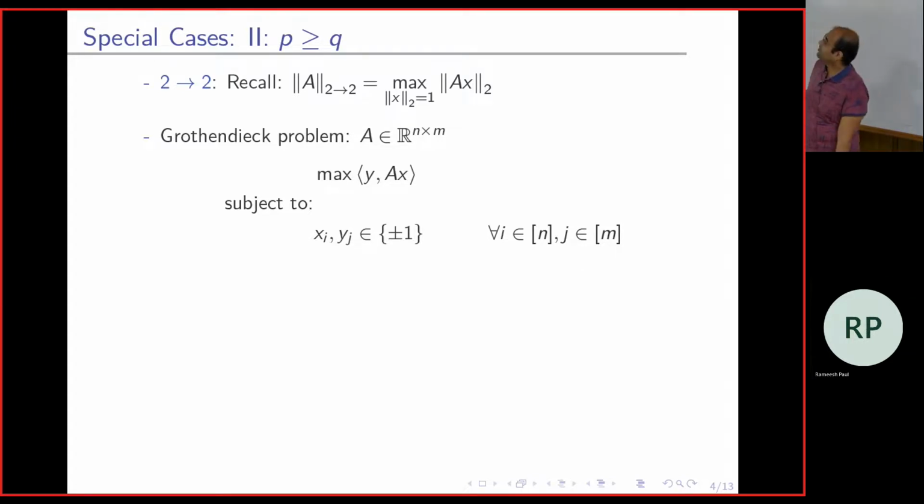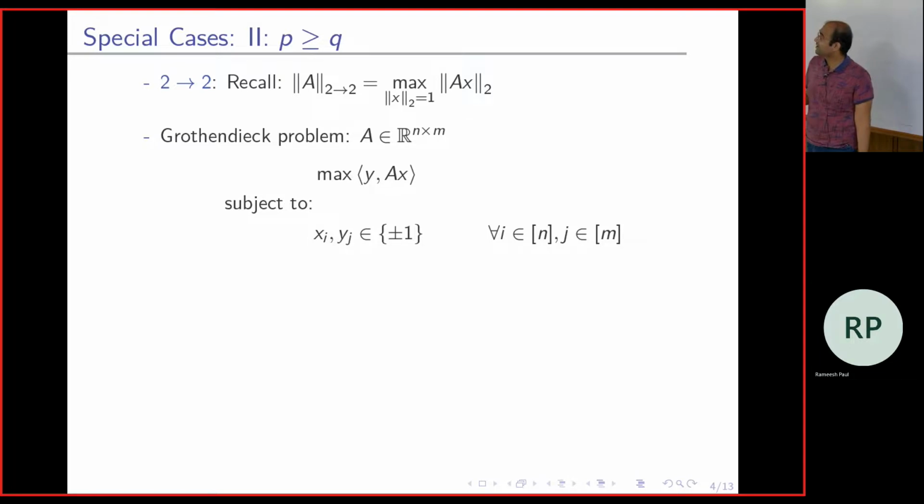But this is useful in combinatorial optimization. This in fact came up in functional analysis. It was introduced by Grothendieck in 1953 in his famous résumé. He basically asked the question: if I try to maximize this bilinear form over real matrices, not necessarily square, over plus or minus 1 variables, can you come up with a good approximation?